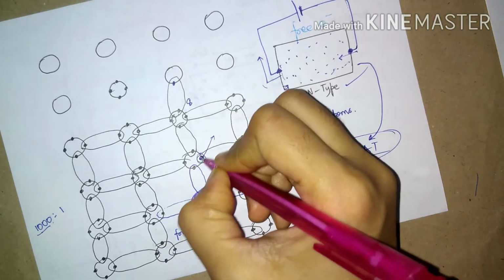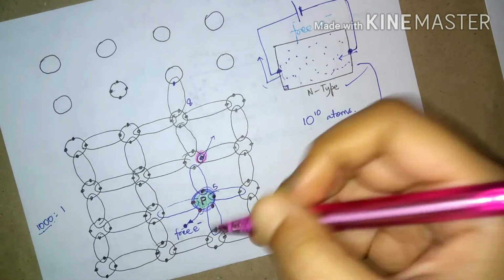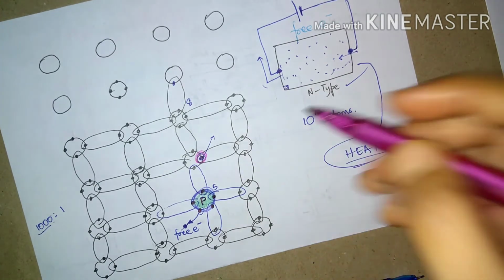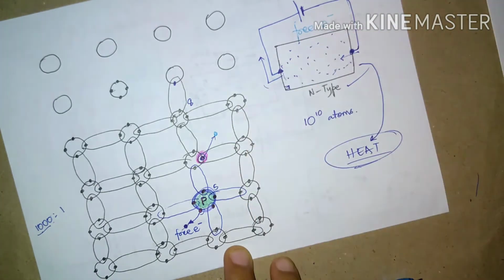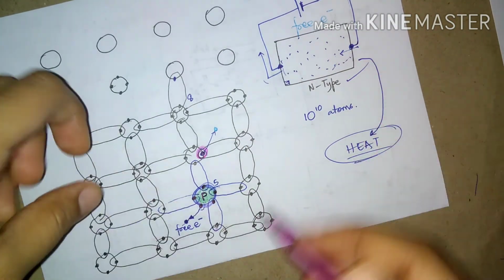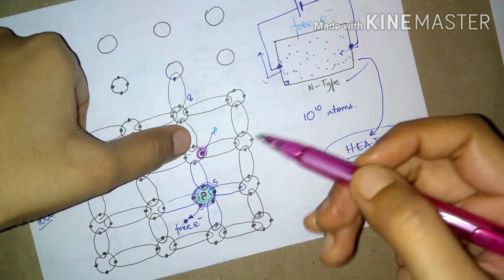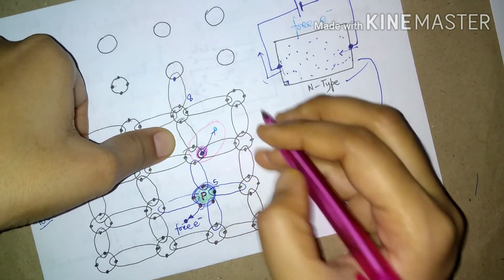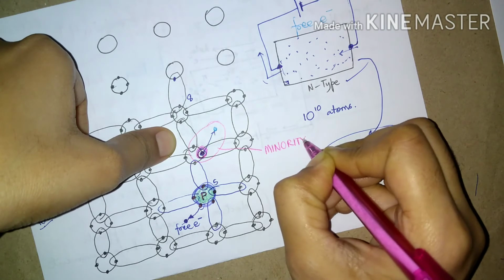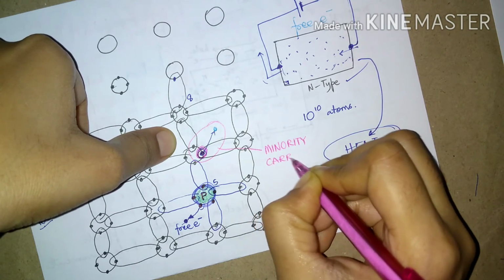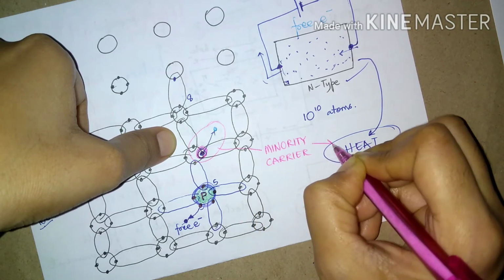Whenever such actions happen which are not because of our intervention or our intention, these are called minority carriers. So minority carriers are getting created because of heat.